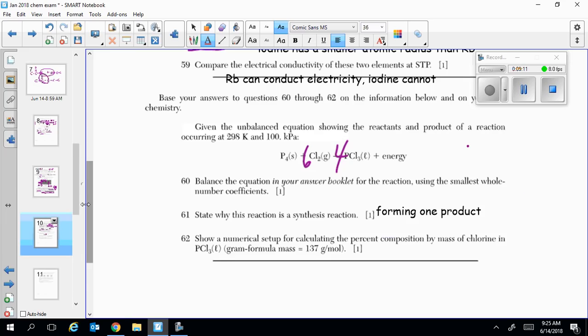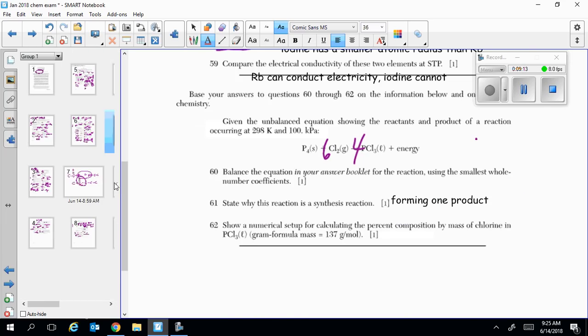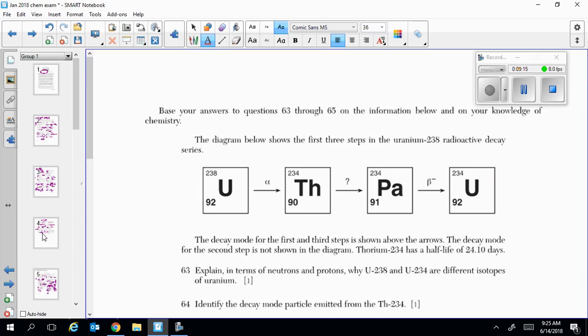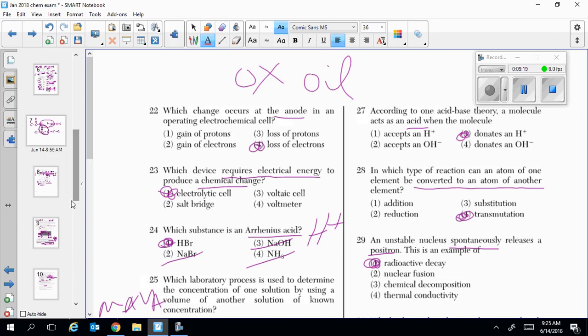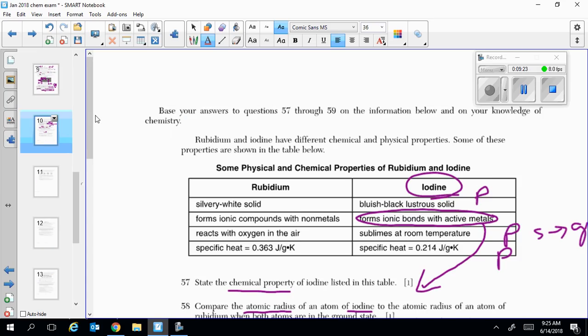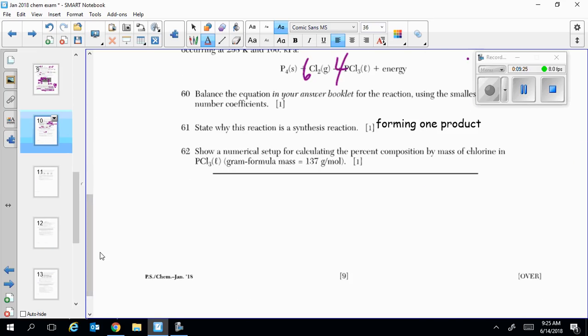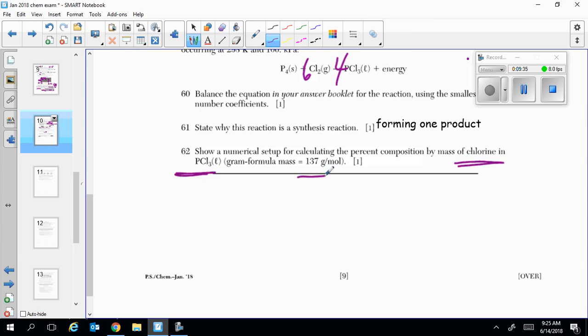All right, show a numerical setup. Sorry, got off my page here, gotta find it. Okay. Show a numerical setup for calculating the percent composition by mass of chlorine. So I want to figure out how much chlorine is in PCl3. Oh, and they even told me the gram formula mass of PCl3. So I have 3 chlorines.